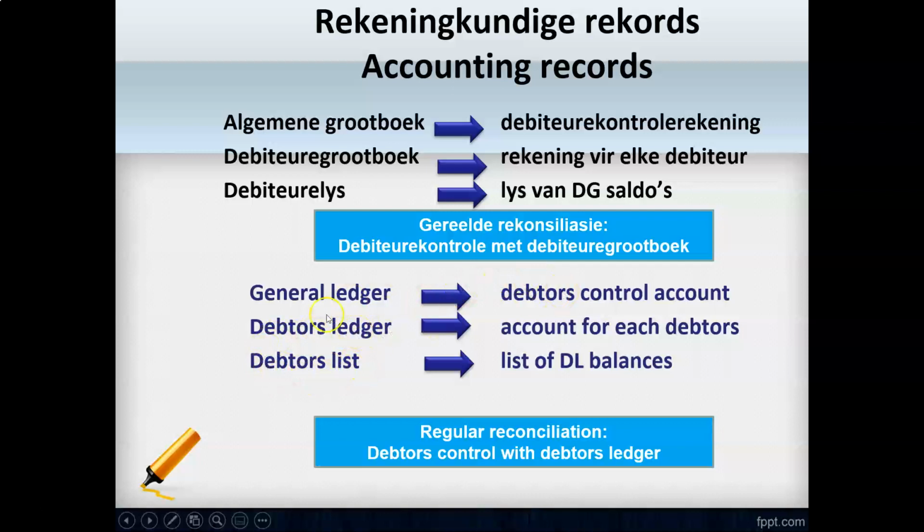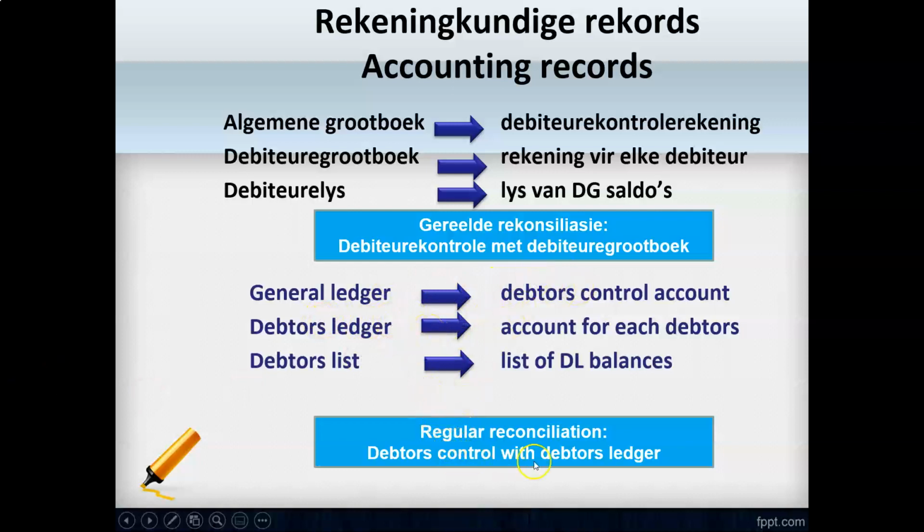The only difference is that here are the detailed transactions posted individually in each and every account during the course of the month, and here we only post totals to the debtors control account. Same transactions, only totals there and detail there. And therefore, at the end of the month, those balances must be exactly the same.